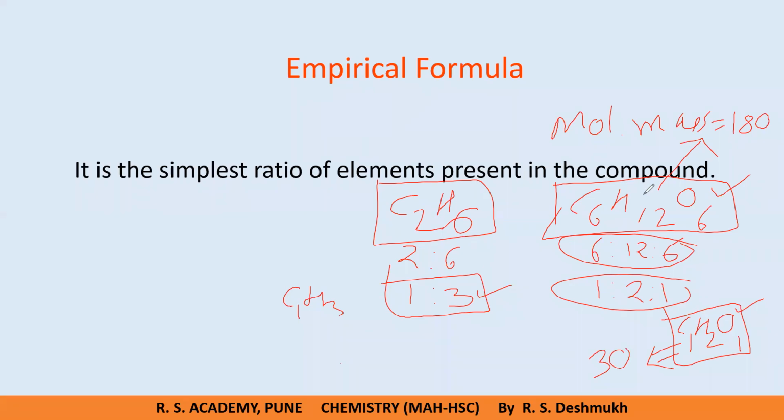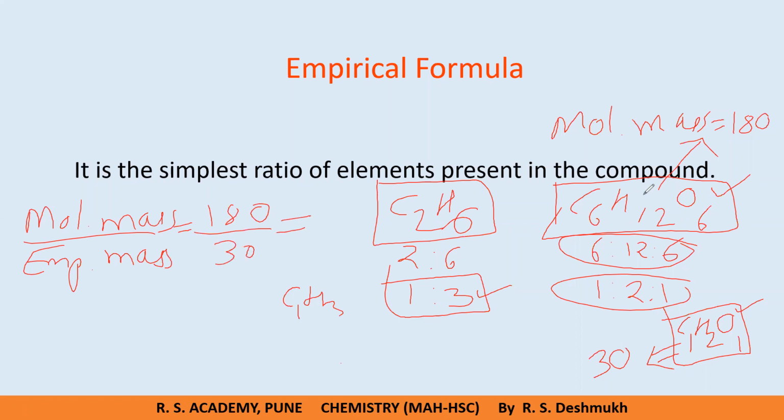Now just check one more thing. Molecular mass upon empirical mass is equal to 180 upon 30. So how much will it come out to be? 6.